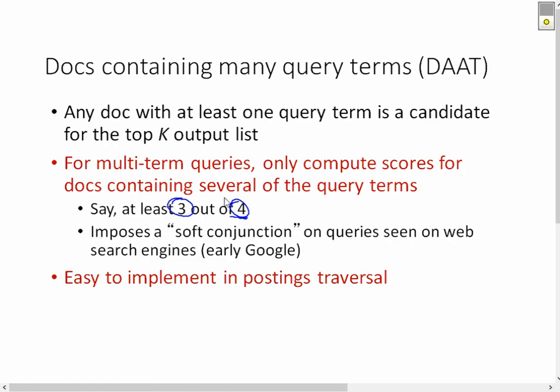But the idea is that I eliminate a large number of documents simply by only taking the ones that have the majority of the query terms. And this works particularly well when people put in multiple terms, 3 or 4 different terms, in their queries.